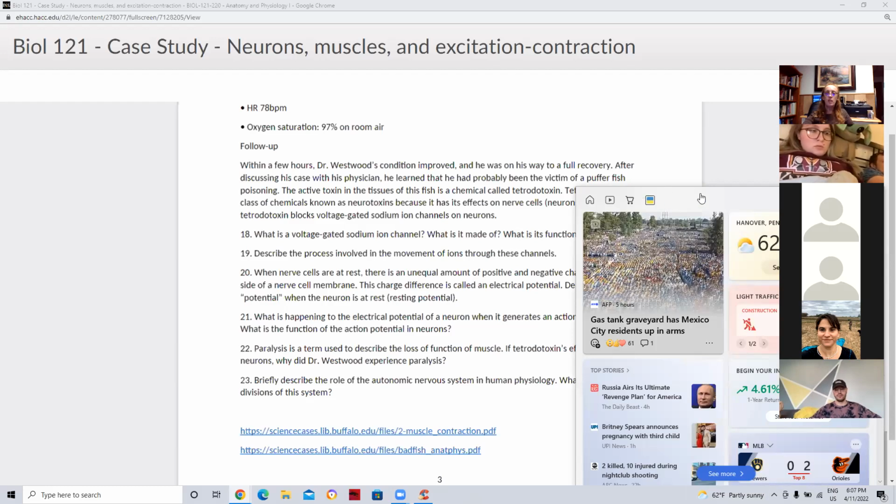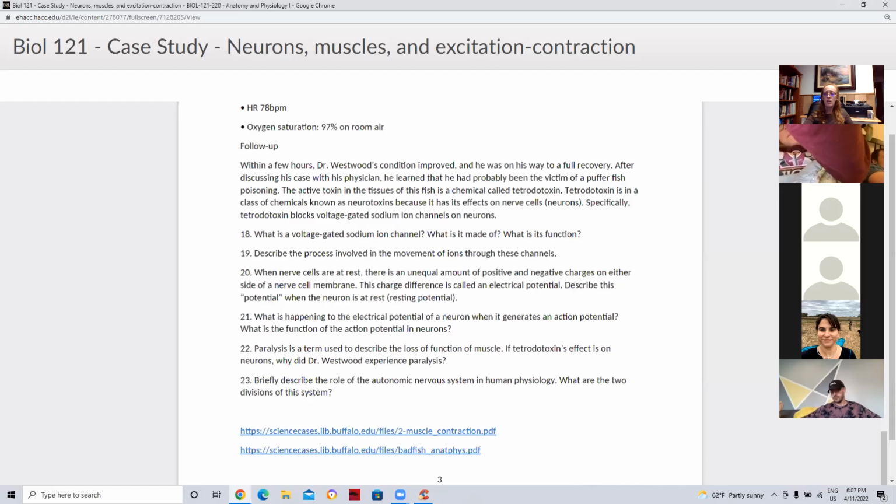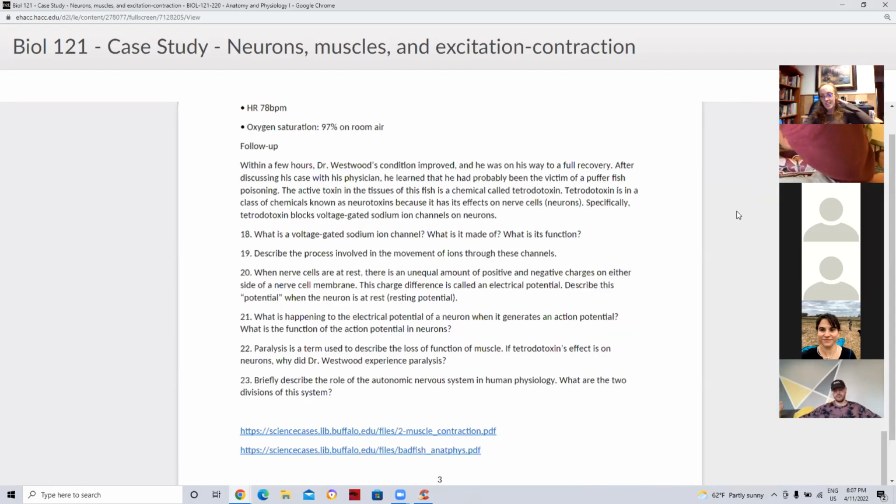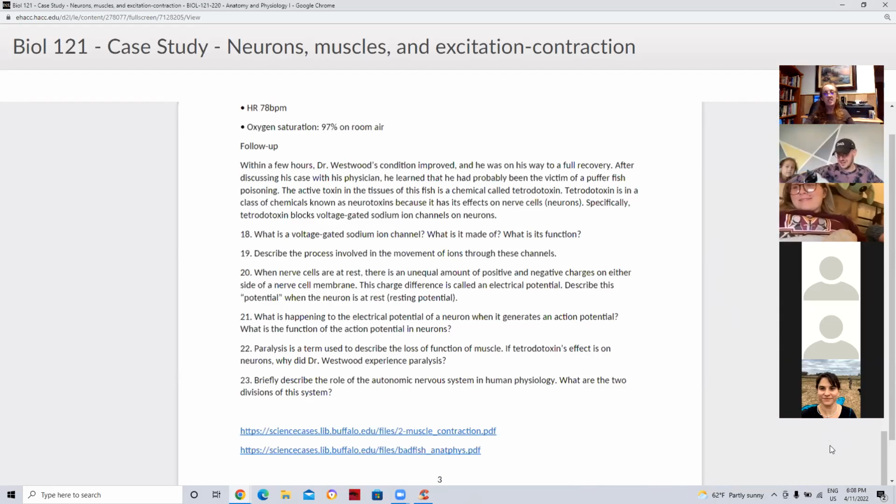Feedback loop? Not really. I know this is Justin's favorite topic. Polarization and depolarization. Exactly.